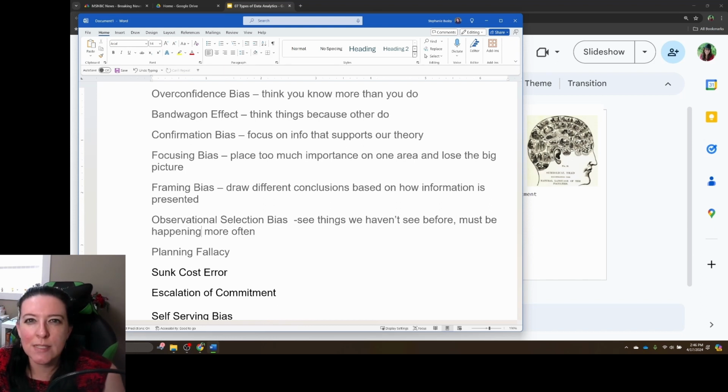And so one of the reasons that we would use AI or machine learning to help us identify issues and make recommendations to solve issues is that the technology would be less inclined to place more importance on one area than the other, or be swayed by how things are worded or the details that are provided, or even to assume that things are more frequent simply because they happen more often.